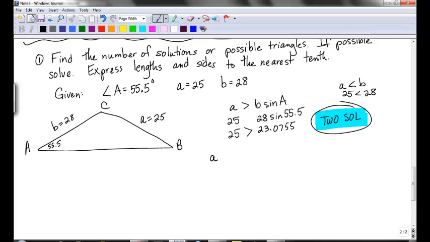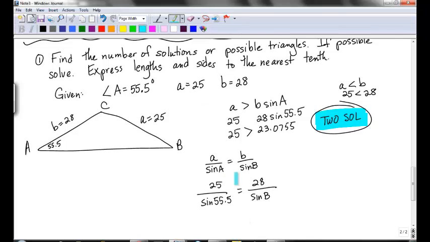So if we did A over the sine of A equals B over the sine of B, don't clear your calculator. We'd have 25 over the sine of 55.5 equals, sorry, we can put in B, 28 over the sine of B, right?